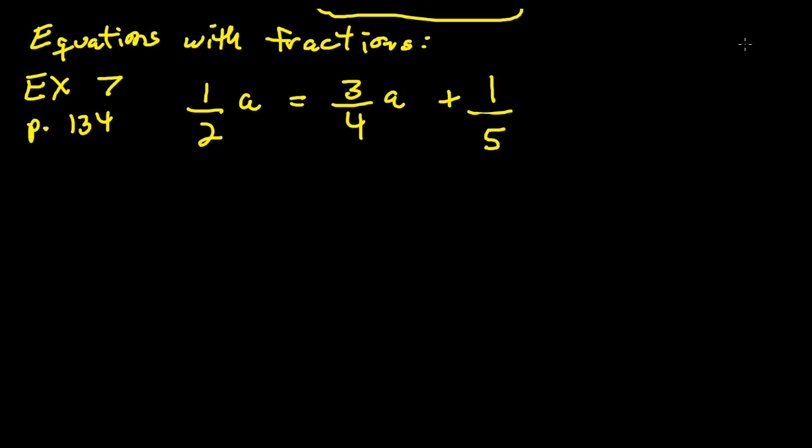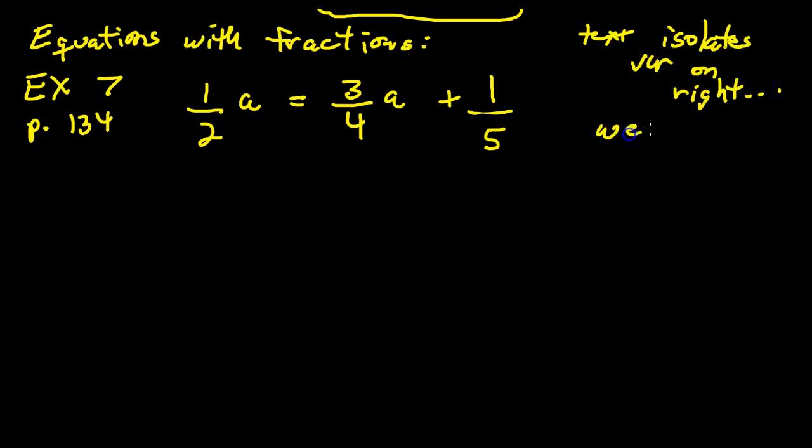Now the text isolates the variable on the right. We will isolate on the left here, just to convince you that you can do it both ways. You should be able to handle it both ways, right? So I want to end up with an a term on the left-hand side of the equation.